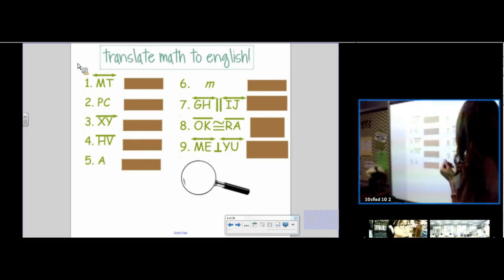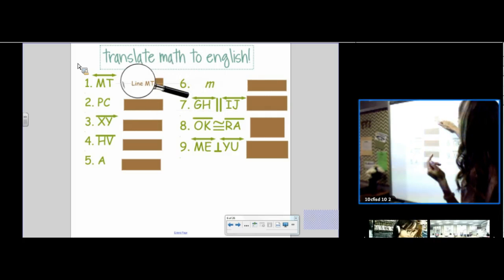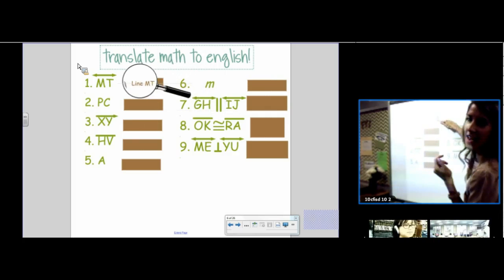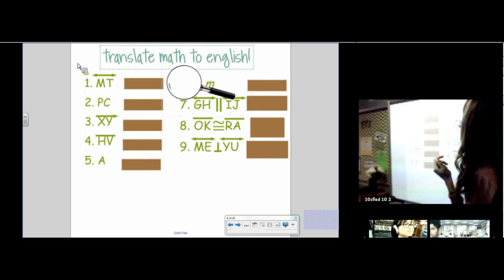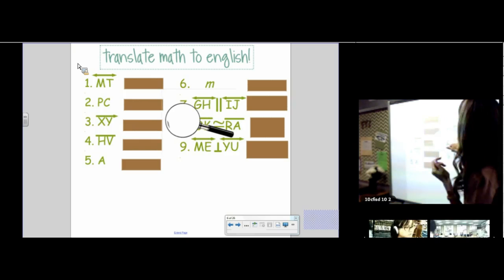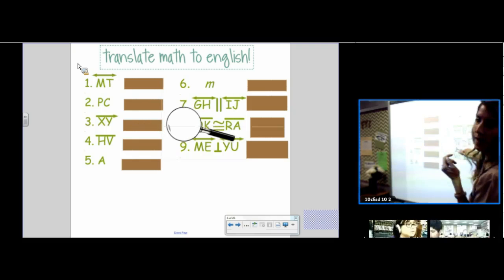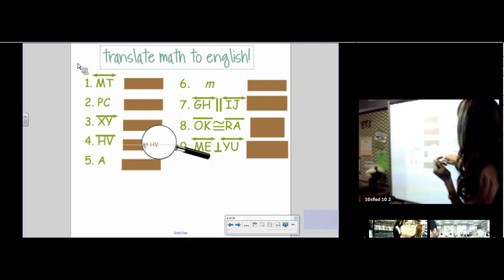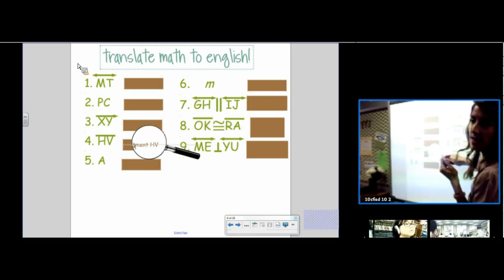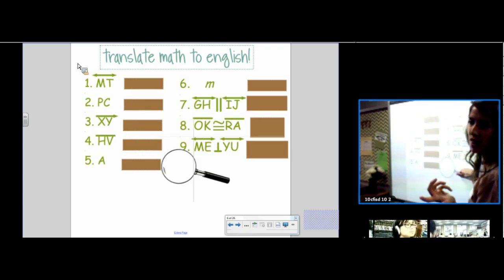Number 1, in English, it is line MT. Isn't that cool? We're going to come back to number 2. Number 3, ray XY. Number 4, segment HV.